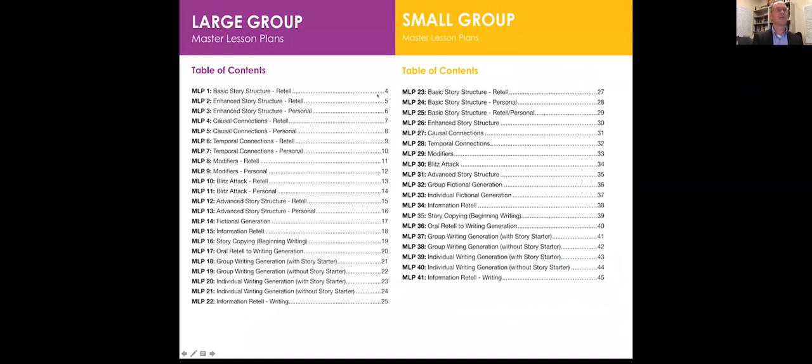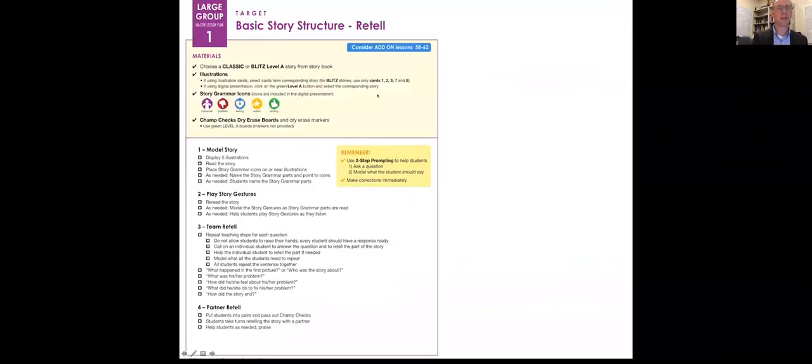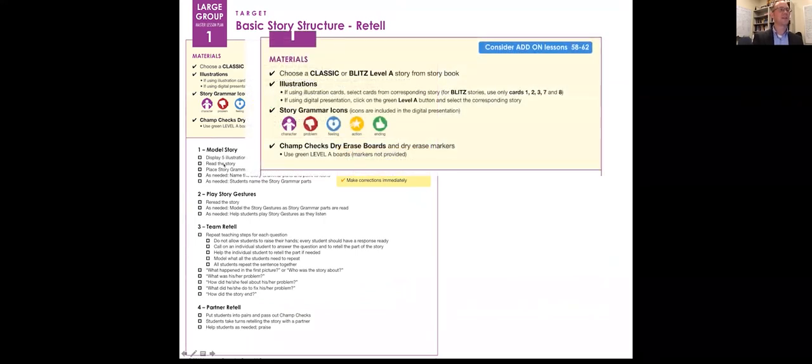And you just turn to page 4, and you'll find the master lesson plan that tells you what to do with basic story structure. It tells you, do this. Put the illustrations out in front of the students, read the story, and model for them how to tell it, and then help them tell the story with pictures and icons, and then systematically fade those scaffolds over time in the same session.